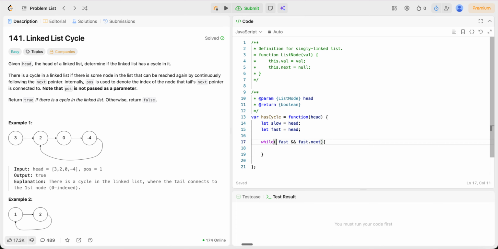If at all we are getting to the end, the faster person will get to the end faster than the slower one, so this condition should be good enough.